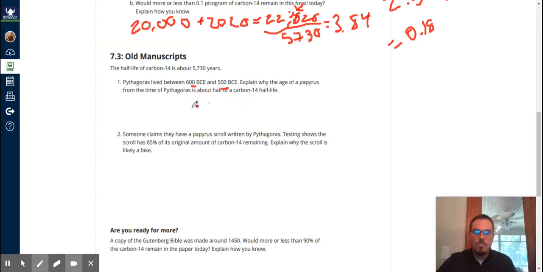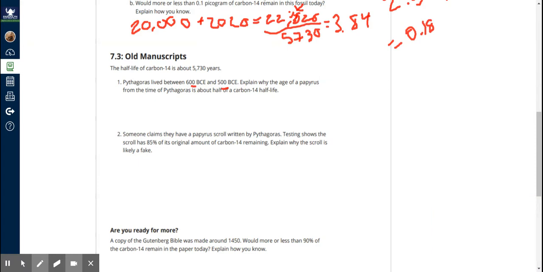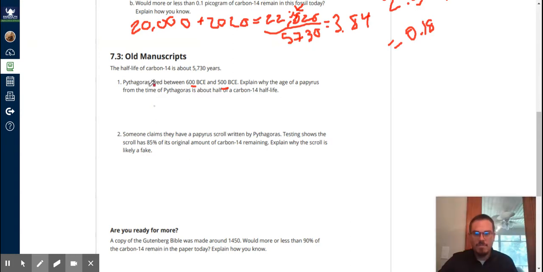So when we're looking at this, we're looking at 600 BCE, 500 BCE. When we try to determine why it was about half of the half-life, what we know is that we've got 600, we'll just go 600, for example, plus the 2020 that we're living at.